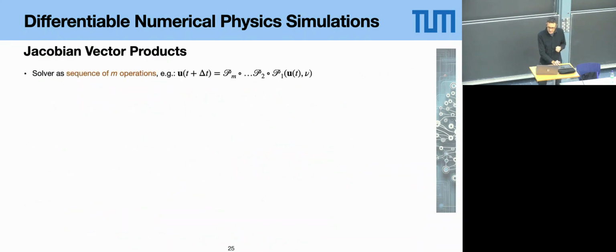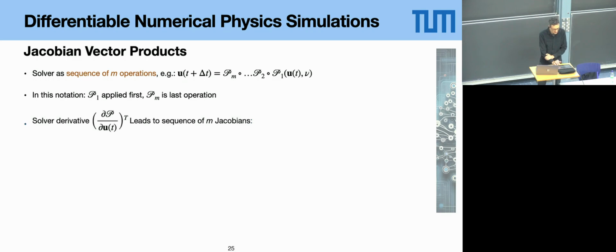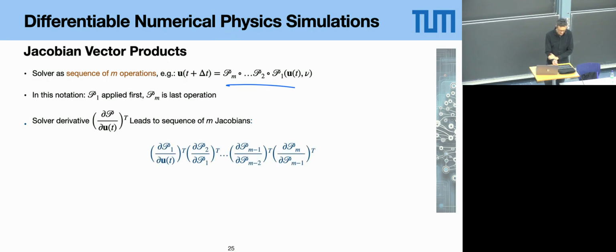Yeah, so I do have it written out here on the slides. If we now go back to our full sequence of m steps in our simulator, then for the whole derivative of our solver, we basically get this whole chain of Jacobians.